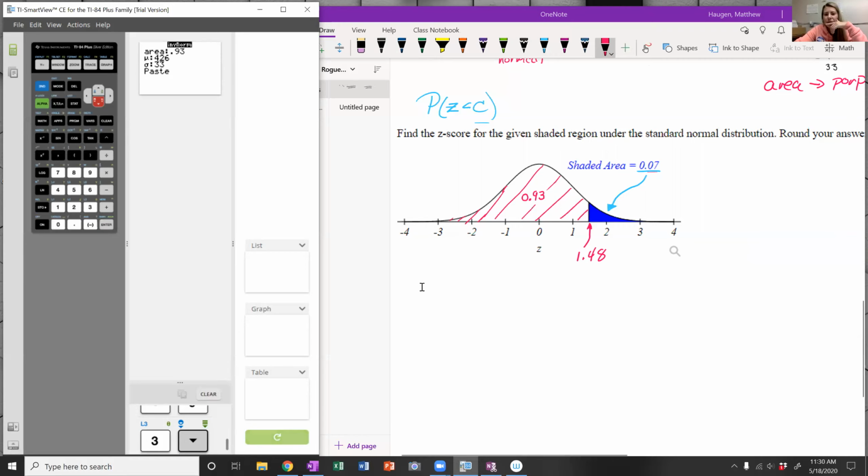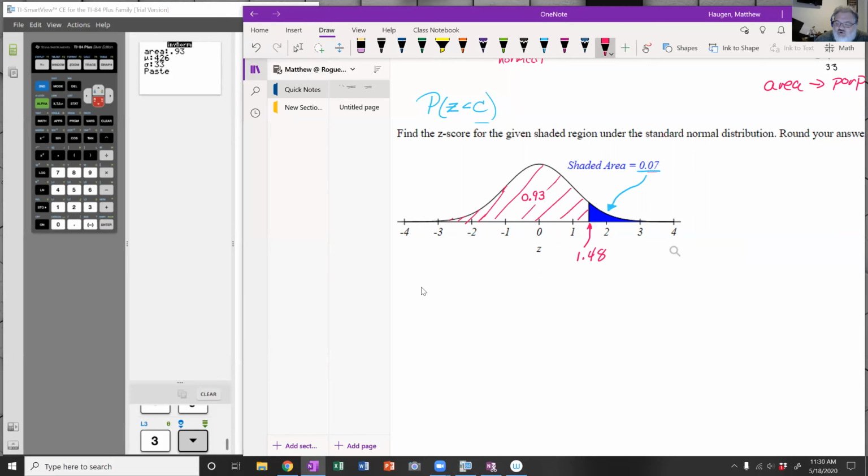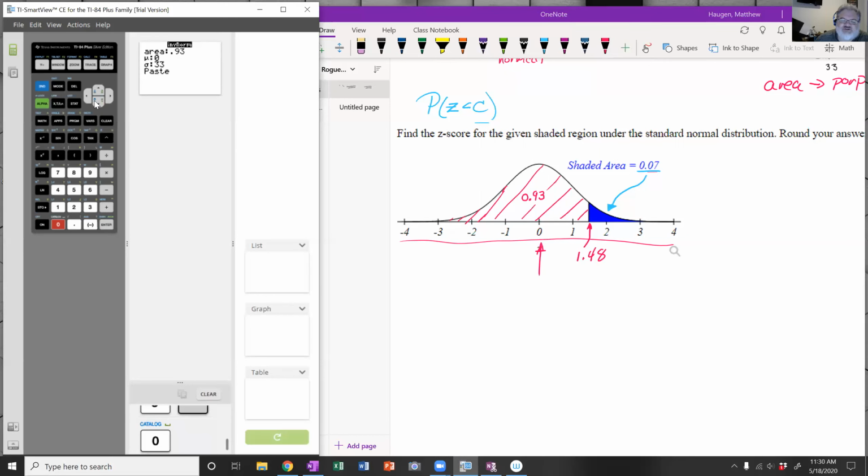Because when we're standardized, what's our mean? It's 0. What's our standard deviation? Would it be the 0.07? Oh, it's 1.